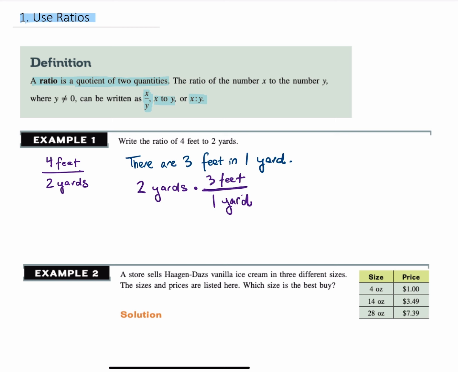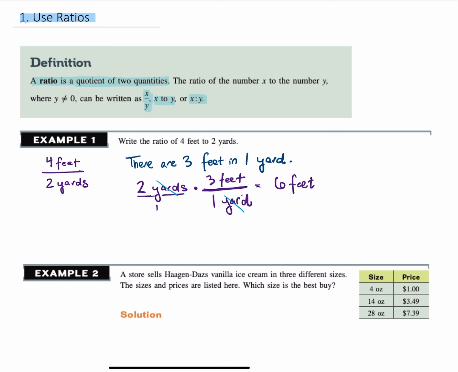So notice here, we can see the 2 yards as like 2 over 1. The yards here will cancel, and that's what we want. We want to get rid of the yards and end up with feet. So notice here we're just multiplying 2 times 3, because there's 3 feet for every yard and we have 2 yards, so the result will be 6 feet.